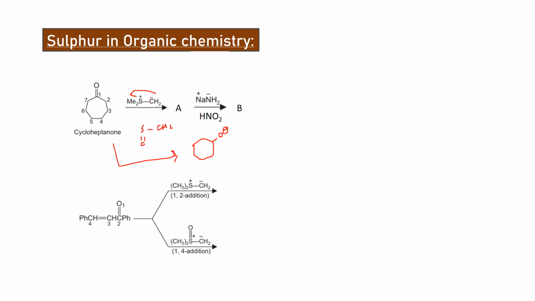This CH2 minus attacks this carbon center and this opens up. After that, similar to the phosphonium ylide, this attacks this place and it gets removed from the system. So we get an epoxide.